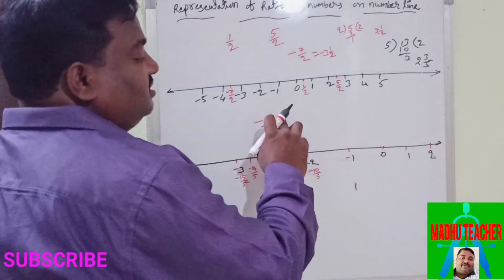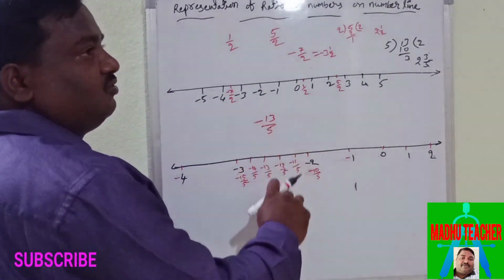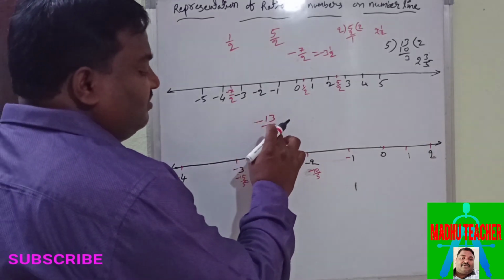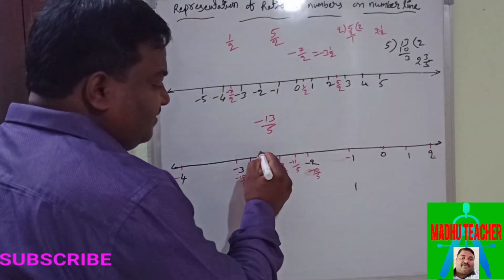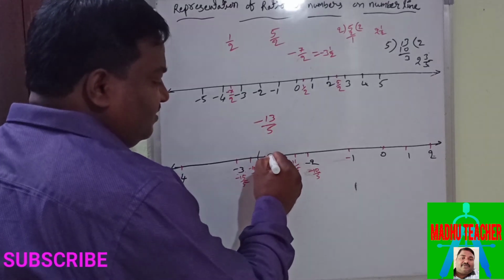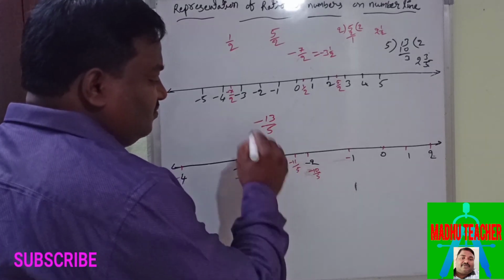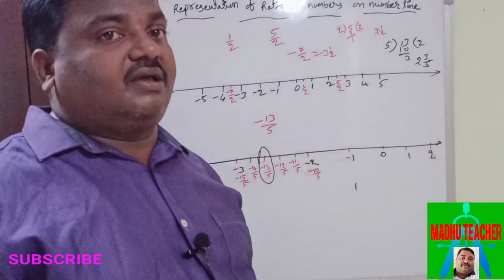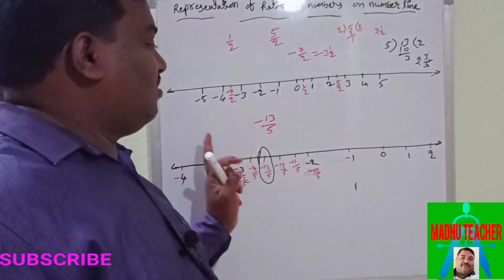This numerator tells what part we have to consider. So this is -13/5. So where is the -13/5? This is the -13/5. Okay, so like this we can mark a rational number on number line.